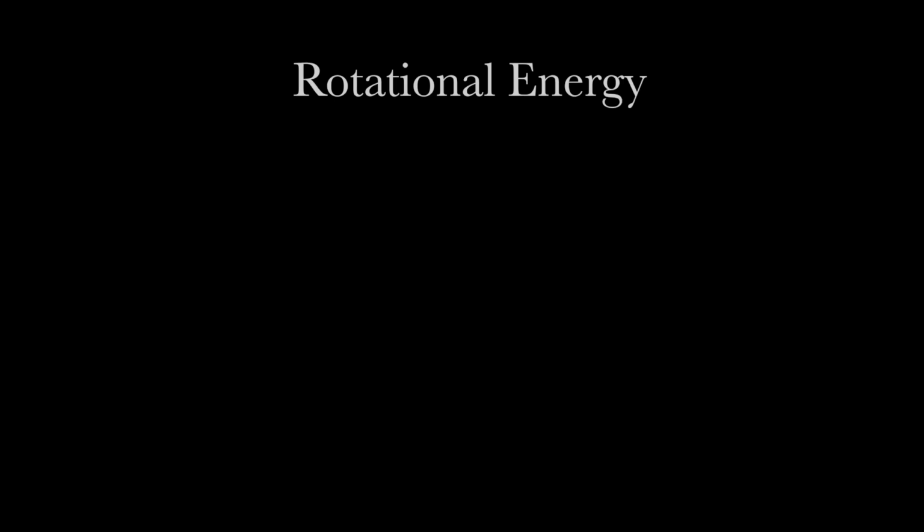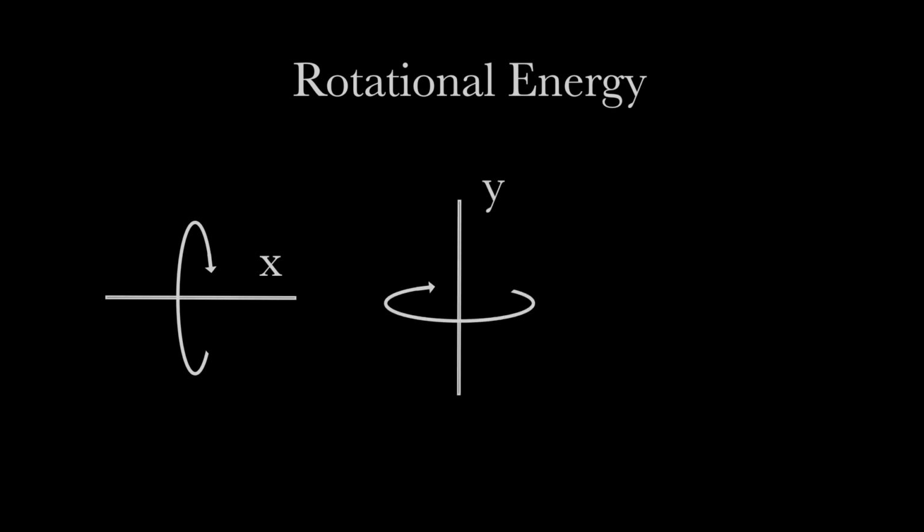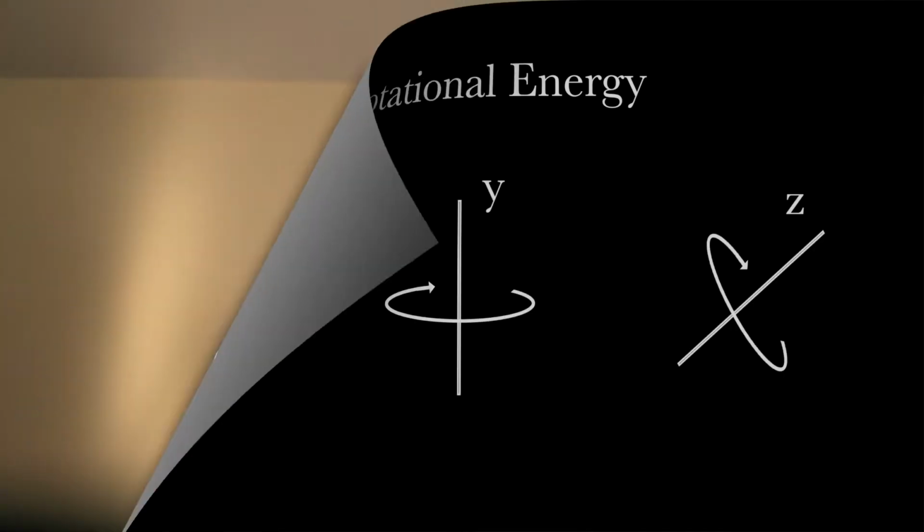Rotational energy is a tumbling or spinning motion. Like translational energy, it can occur around the x-axis, y-axis, or the z-axis, or any combination. Rotational energy can change either by the collision of a molecule with another or by the emission or absorption of an electromagnetic pulse.